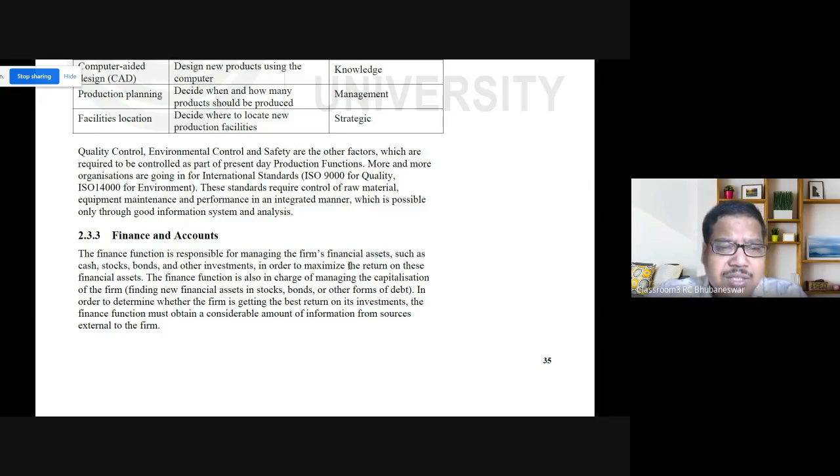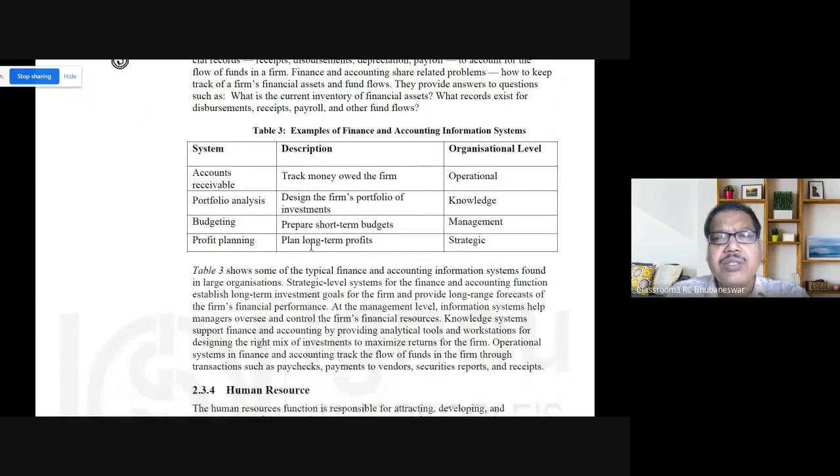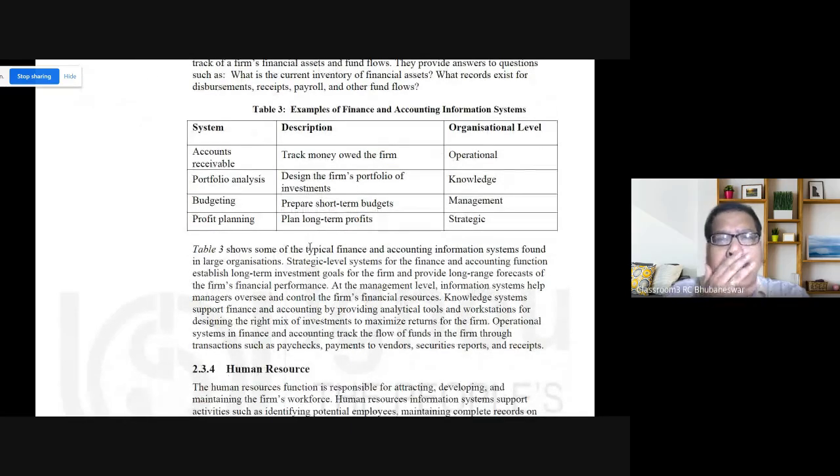Financial functions also include managing capitalization, or capital money, under different rules and regulations, and further we can invest it to build the information system. So accounts receivable will be taken care of at the operational level.